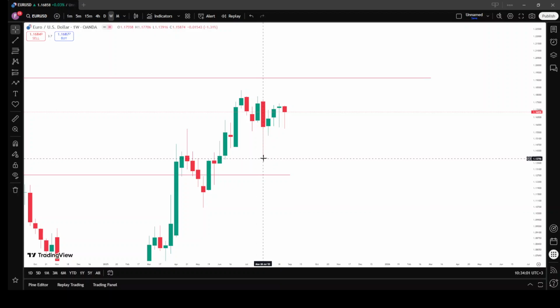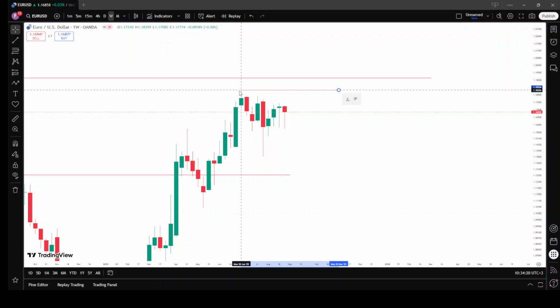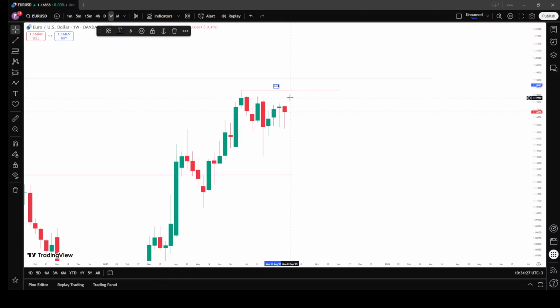So this low remains protected, and the only place which the price might be seeking, in my view, is these highs. These highs are where the price is seeking, which is also in line with the swing highs, which we said are in line with the monthly CRT. So basically, this counts as our draw on liquidity when it comes to Euro USD. That's our draw on liquidity.